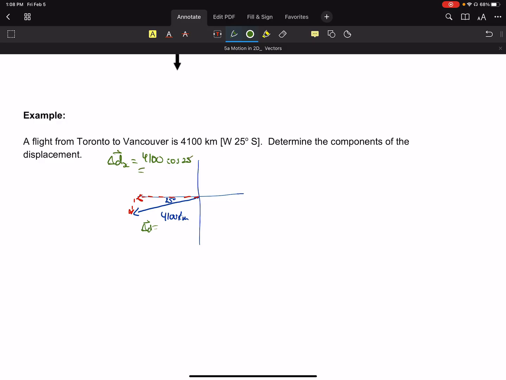When you do that, 3716. And then if you do the y, your displacement in the y is going to equal 4,100. This is opposite, so it's sine 25. This is 1733.